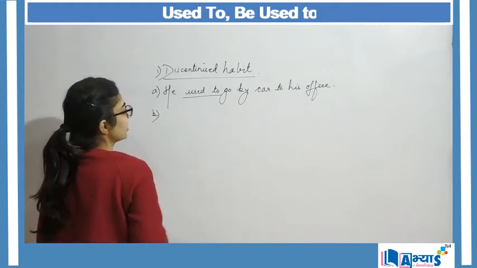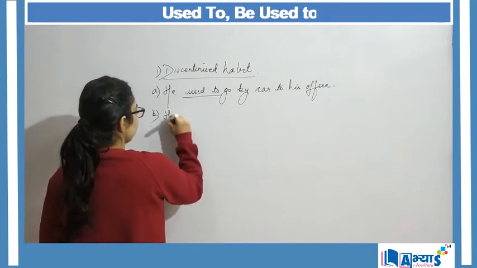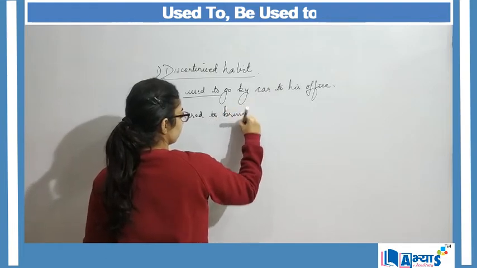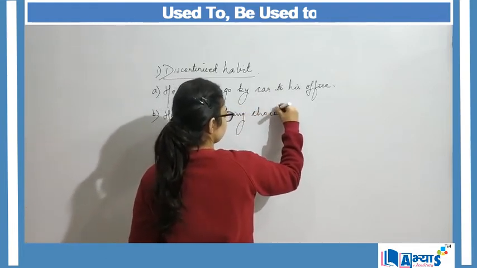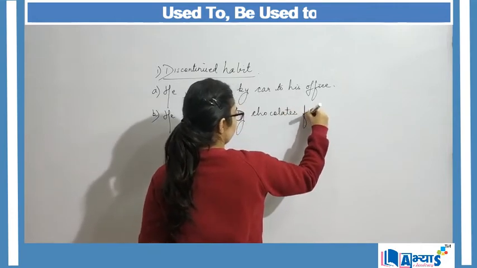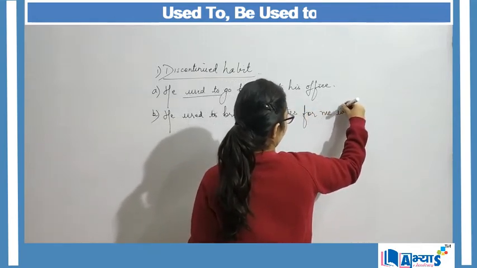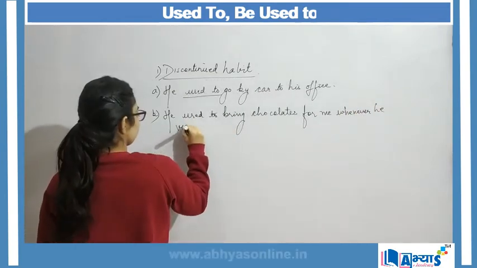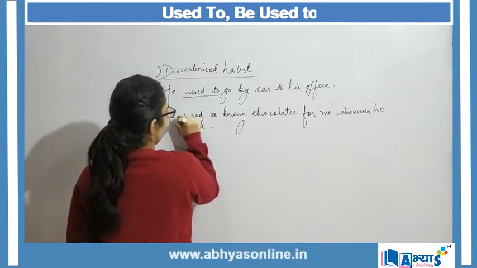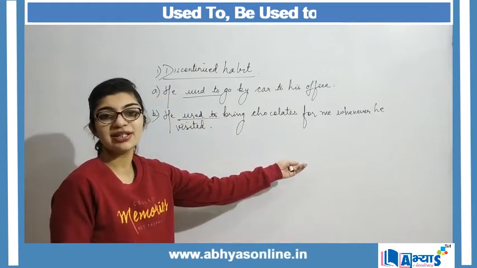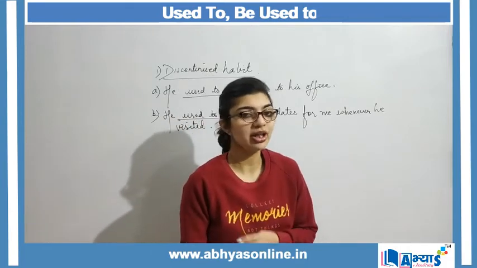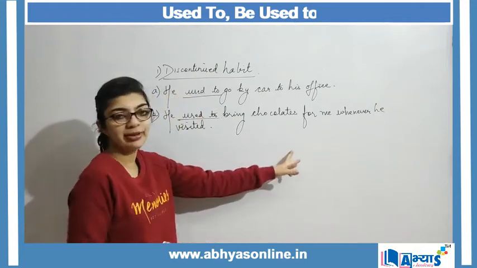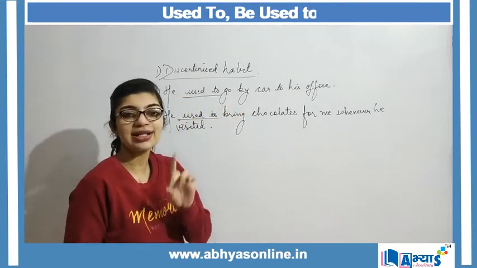Another one: he used to bring chocolates for me whenever he visited. Again, bringing chocolates was his habit. I knew that whenever he would visit me, he would bring chocolates for me. So "used to" is used as a past tense.